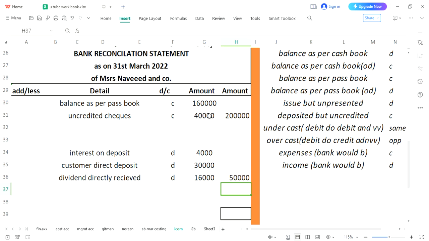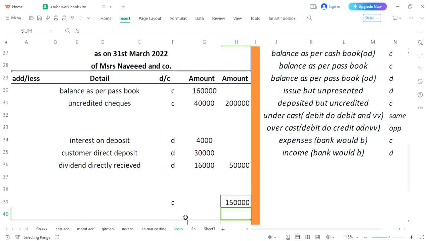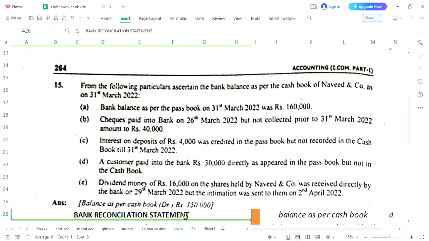The credit side has 2 lakh, the debit side has 50,000. It means the larger sum is credit, you will put it over here. Here you will calculate the difference by subtracting the smaller sum from the larger sum. 2 lakh minus 50,000, so we have got 1 lakh 50,000, and here is our answer, 150,000.